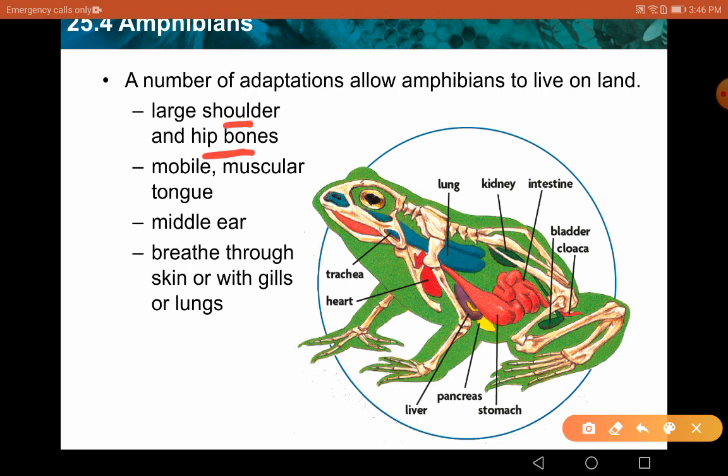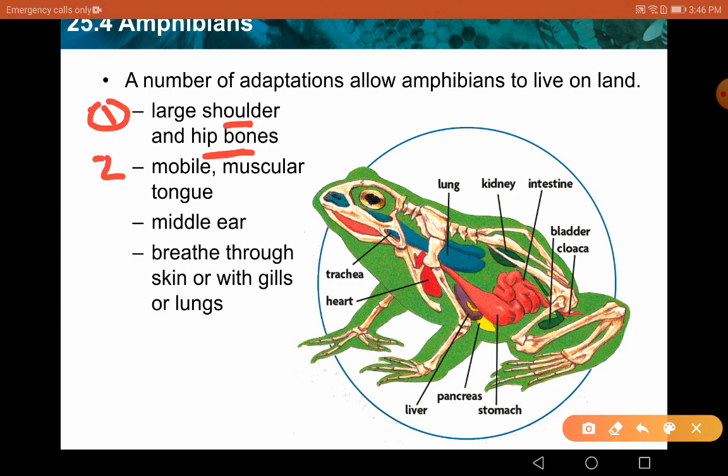We are comparing them, by the way, with the previous types of animals, before the appearance of amphibians. These large shoulder and hip bones help them support their bodies and their limbs.